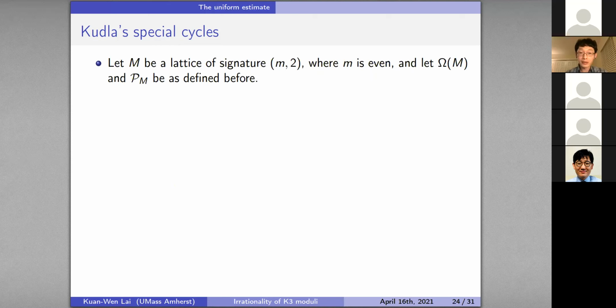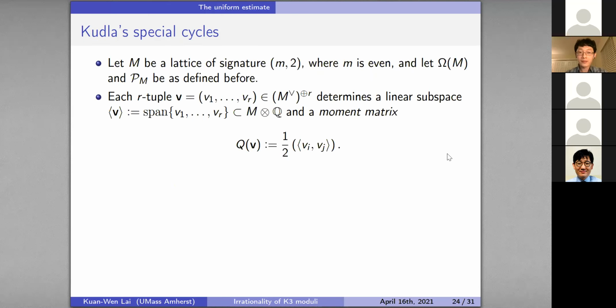Now let's fix an r-tuple v consisting of v_1 to v_r, where each v_i is a vector in the dual lattice of M. Each such r-tuple determines a linear subspace, its span in M over Q.